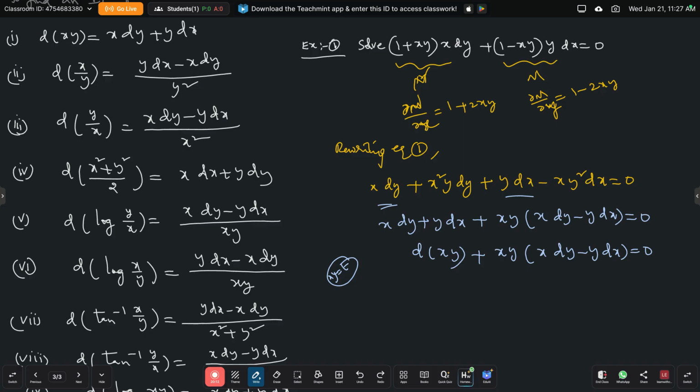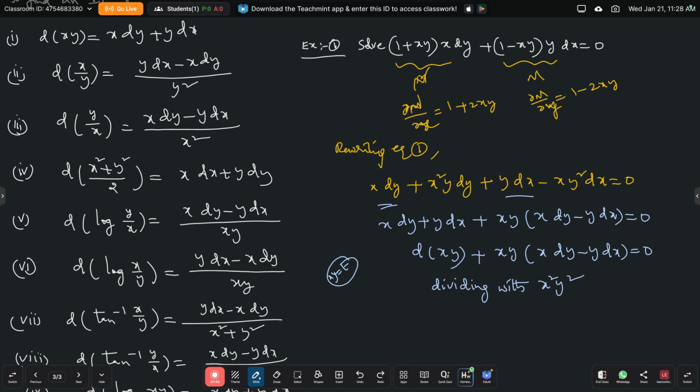Similarly, we don't have any formulas directly available here, because for y dx minus x dy or x dy minus y dx, you have something like xy should be present, or x square plus y square. Some kind of those terms should be present. That is the reason we are dividing this equation with x square y square.